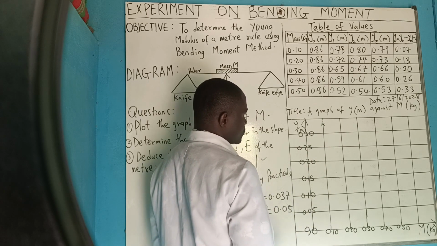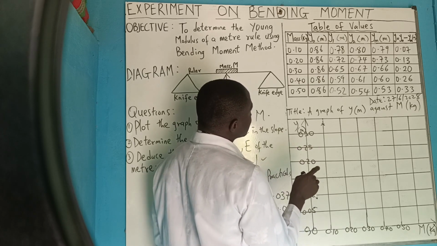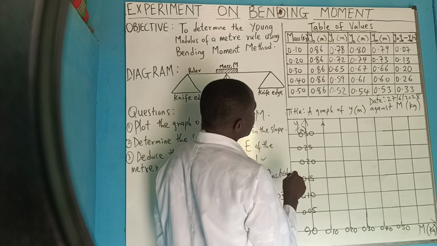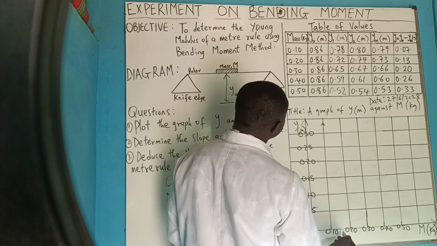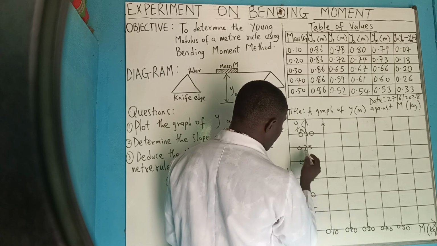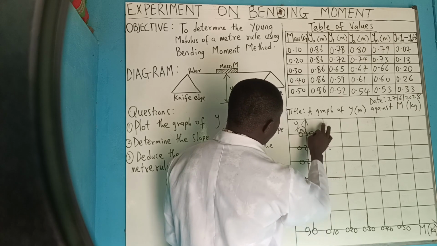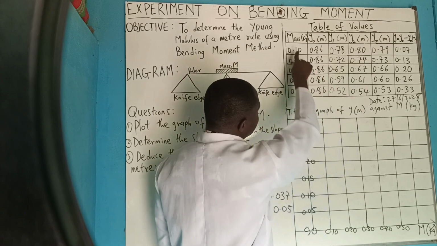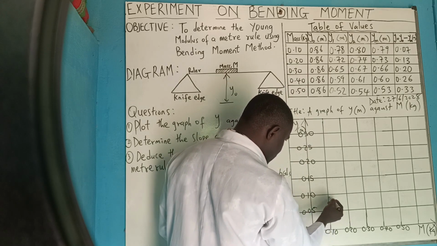Then 0.13 against 0.20. 0.07 against 0.1. Look at 0.07 about here.